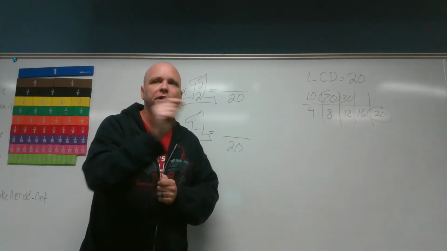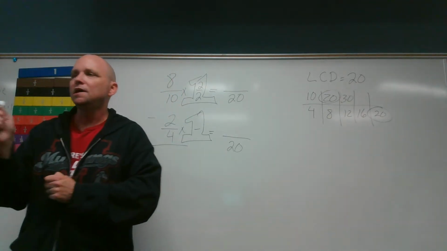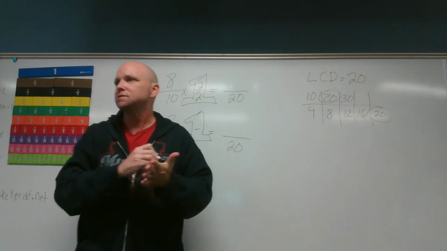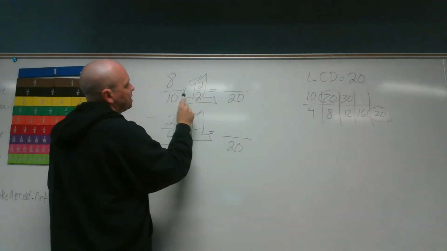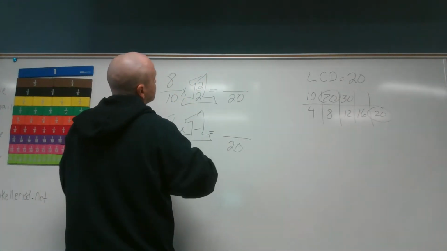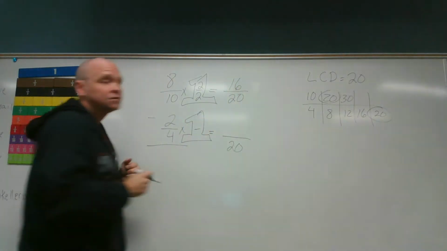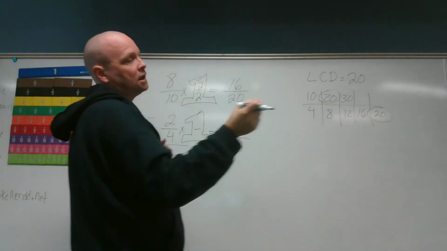This is where we've learned how to multiply fractions. Someone came up to me, and I don't remember who, that said, I don't know how to multiply fractions. Well, multiplying fractions is straight across. We did 10 times 2 is 20. 8 times 2 is 16. So that's how you multiply fractions. Numerator times numerator, denominator times denominator.